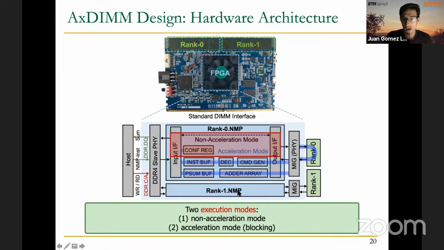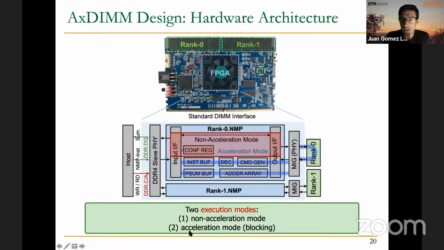And then we have the acceleration mode. In the acceleration mode is where the NMP elements come into play and they start accelerating the workload, in this case, the SLS operators.